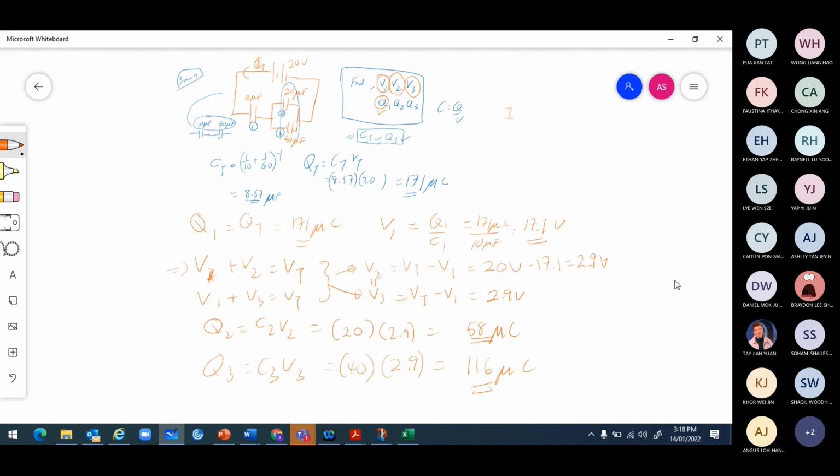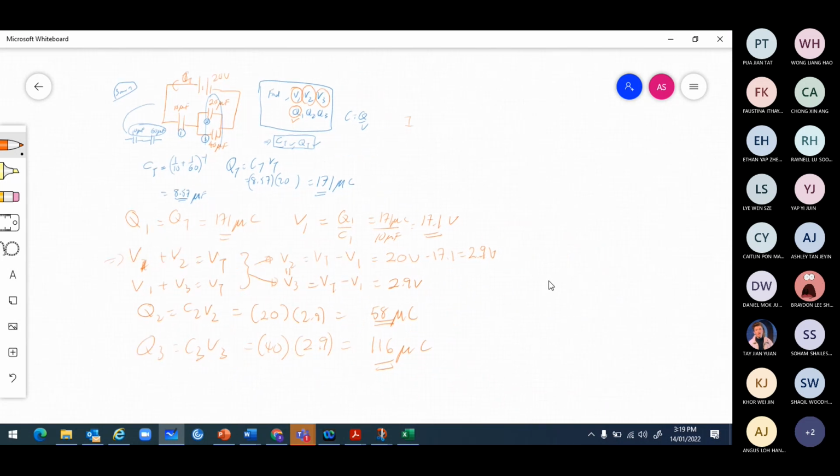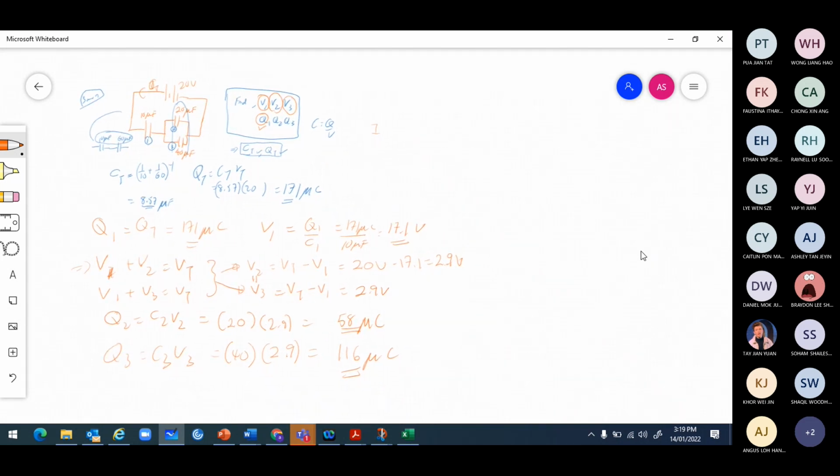Any questions so far? So can you explain again why the capacitance is constant in series? Capacitance value is always constant, right?